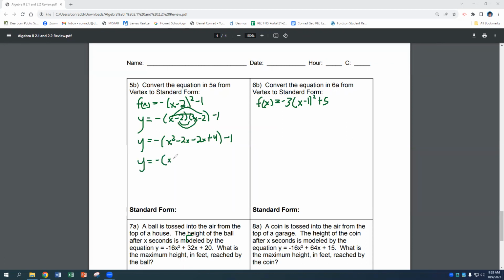So that's going to be x squared minus 4x plus 4. Okay, and then I'm going to distribute that negative to everything that's in the parentheses, right? All three terms. So I'm going to have negative x squared plus 4x minus 4. And then I have my extra minus 1 on the outside. So it's going to be y equals negative x squared plus 4x minus 5.